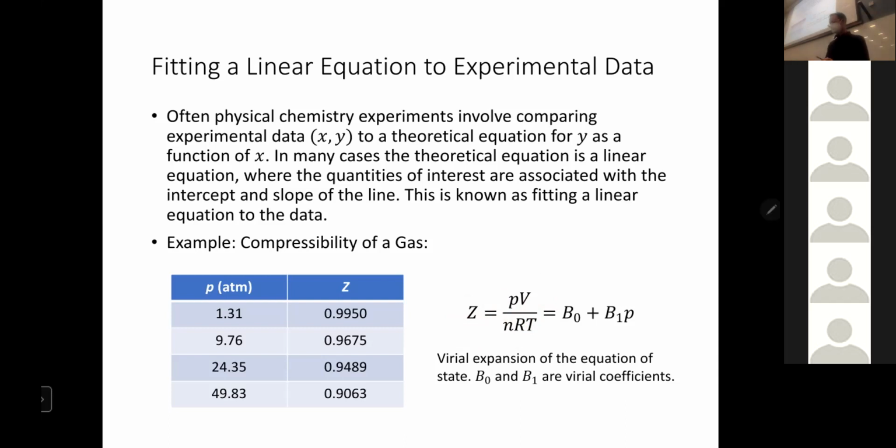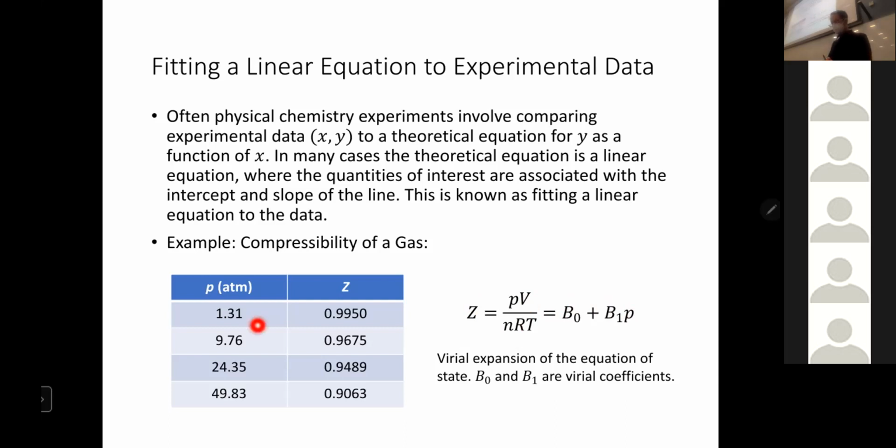And so if you look at a limited range of pressures, most often an expansion of z in terms of pressure can be expressed as a linear relationship. So you would get z equals B naught plus B1 times P. So this should give you a straight line with a y-intercept of B naught and a slope of B1 if you plot z as a function of pressure.